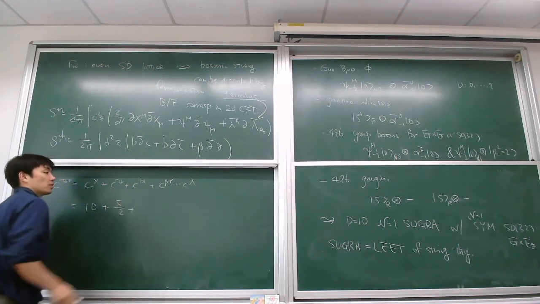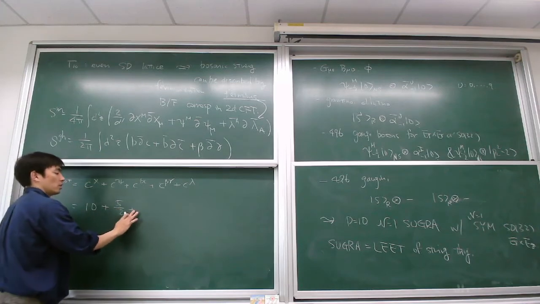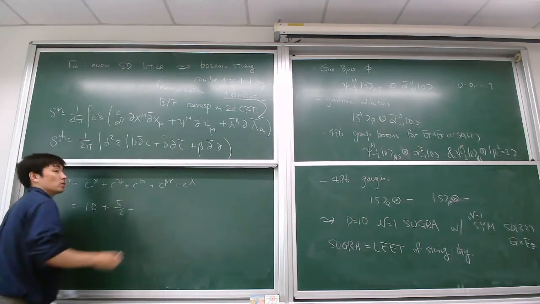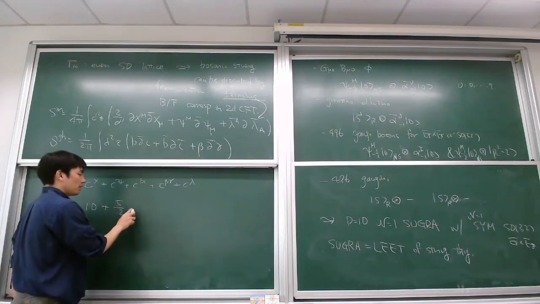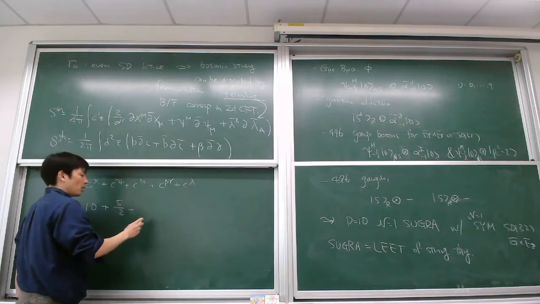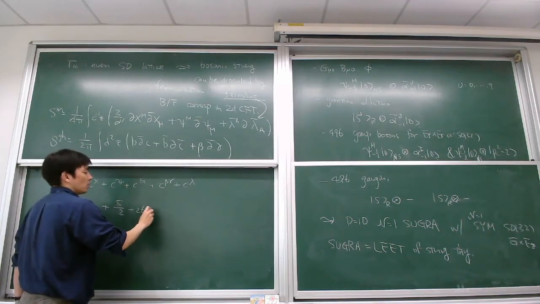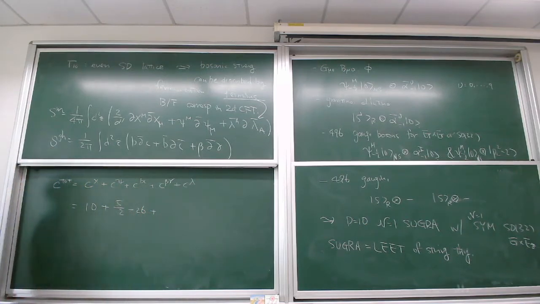And BC, what is the central charge of the BC ghost? Holomorphic 13, but if you have also anti-holomorphic, you have 26. What is the beta gamma ghost?